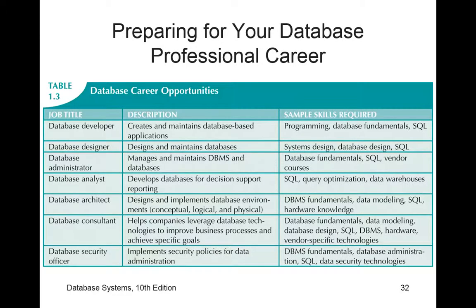Okay, last slide for this hour, and you might take a look at it, Table 1-3. Most of you are cyber people, gamers and animators and so on in the front. But these are some of the different jobs that you can get into.